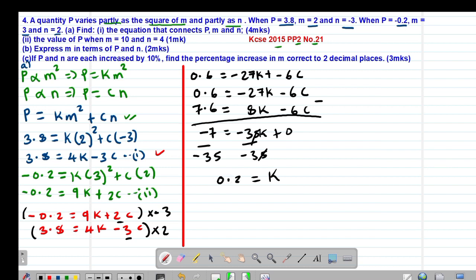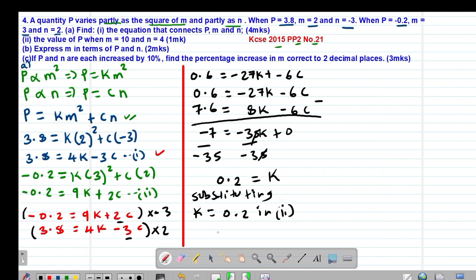Then I also substitute to get the other value of C. So K is 0.2. Let me substitute K equals 0.2 in the second equation because I can see it is easier to work with it.